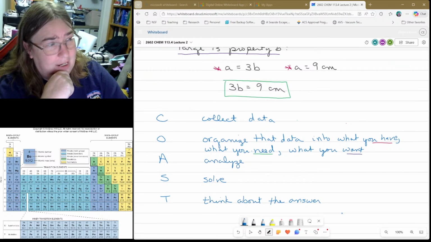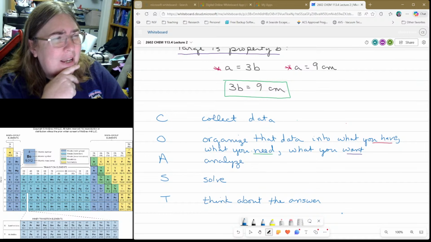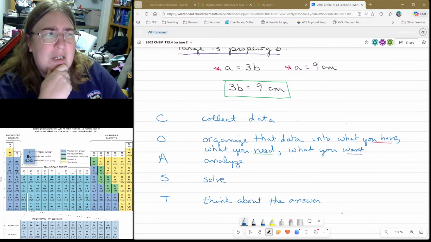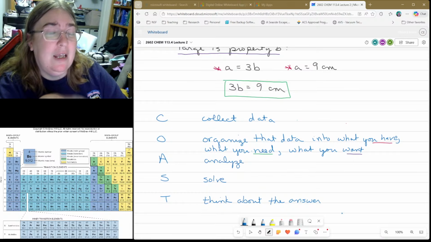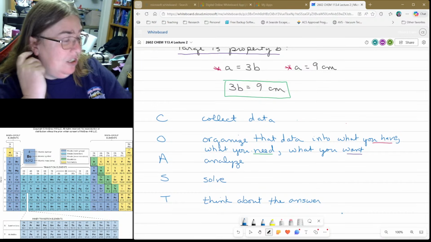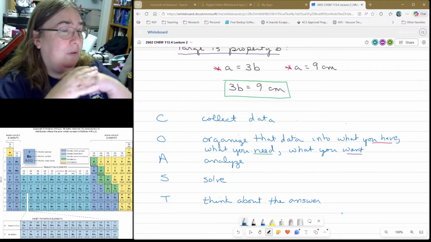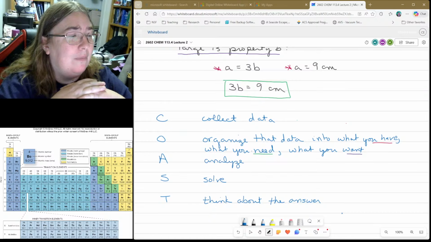Go back and check it again. Or, man, my units sure aren't the units I was expecting to get for this problem. Go back and check it. You've probably made a mistake. That's what think about the answer is. Don't blindly accept an answer because you think you got it right. Check. Double check.